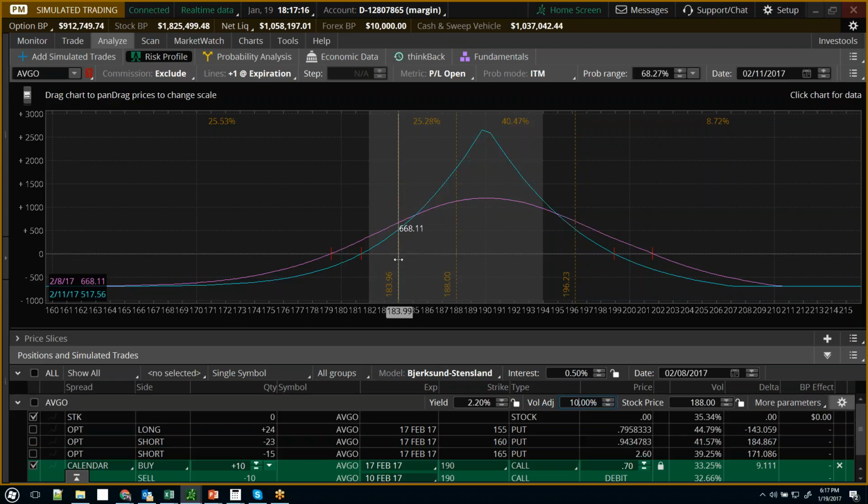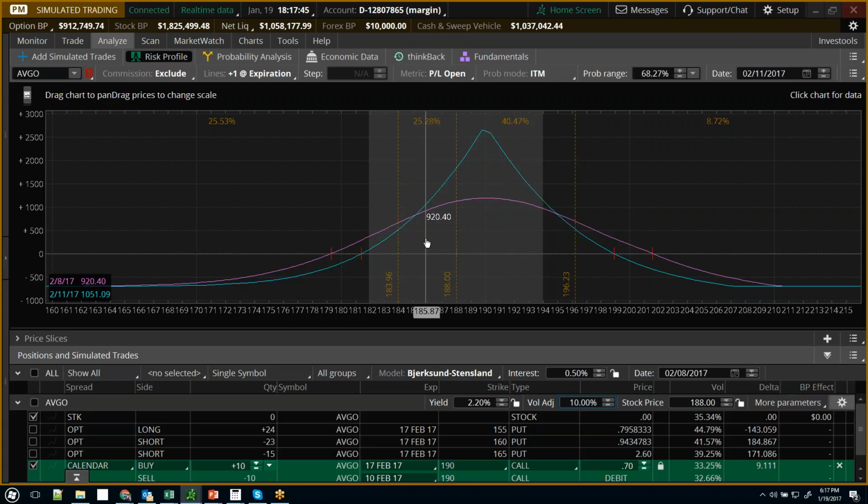My break-even point, which was 184, is now all the way down at 179. If this stock did not move all that much, let's say that we were sitting here still roughly around 188, probably wouldn't happen, but even then, maybe we were down at 185 or something like that. Remember, at that point earlier, I think 185 was actually our end of the trade break even. Not anymore.